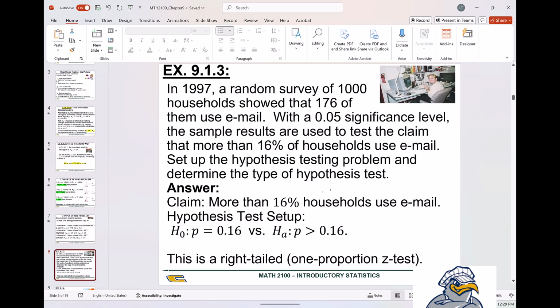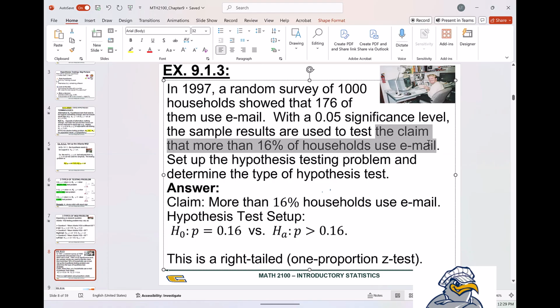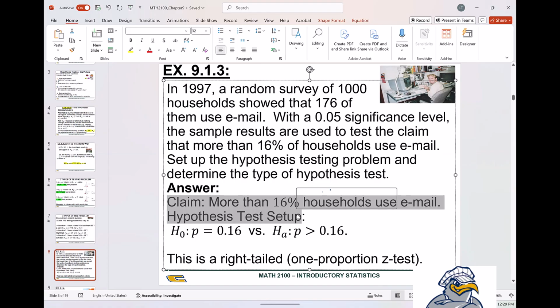So we read the problem, and basically they want us to set up a hypothesis test. When you look at this problem, you should know what claim or hypothesis they point out, right? So here's the claim, and we write it out this way: more than 16% of households use email. Because we talk about percent, we talk about proportion.